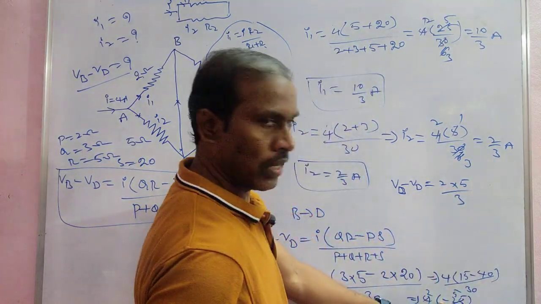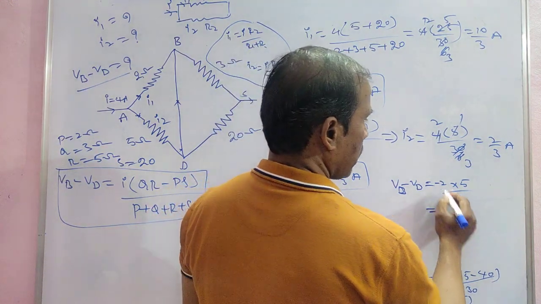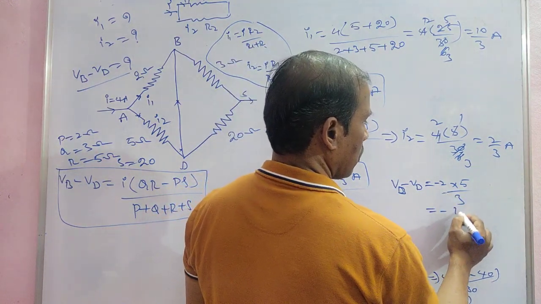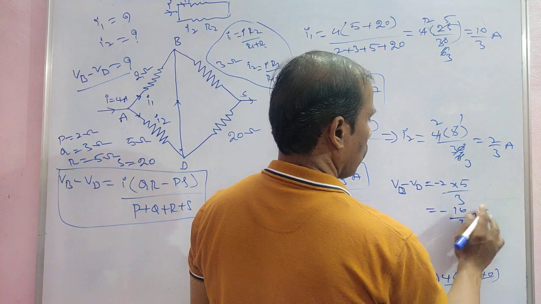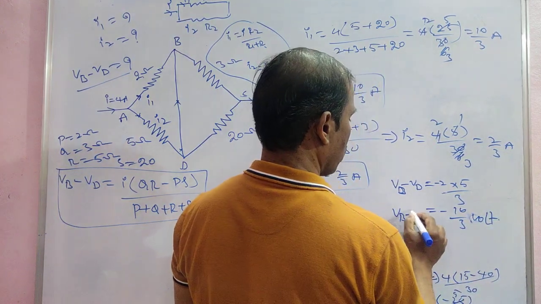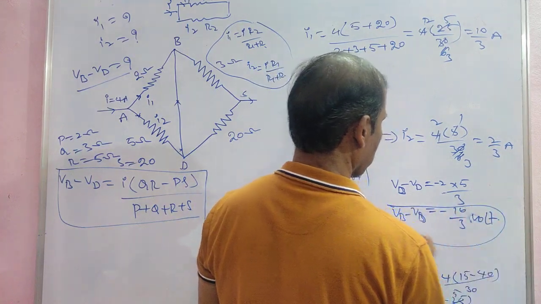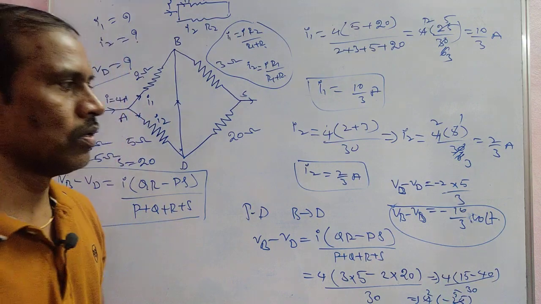The value is negative, so it is minus 10 by 3 volt. The potential difference between BD is 10 by 3 volt in magnitude.